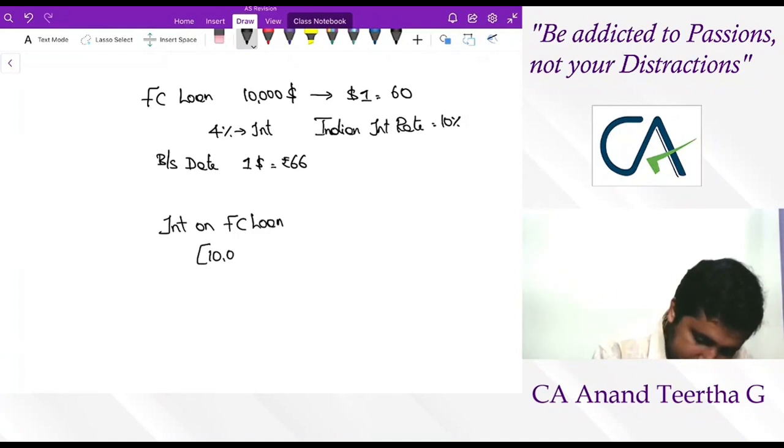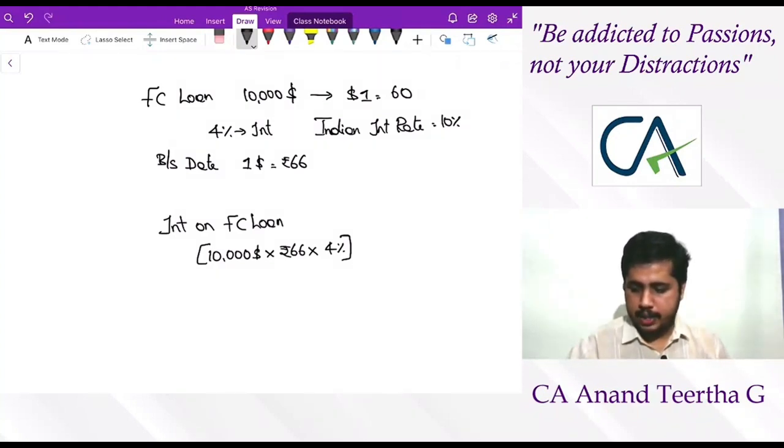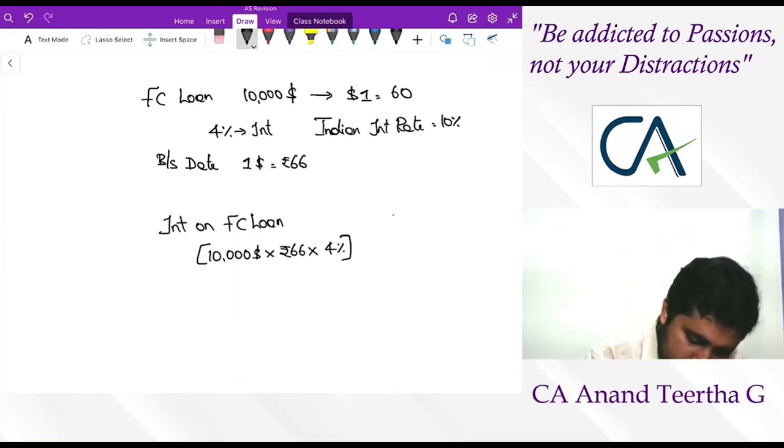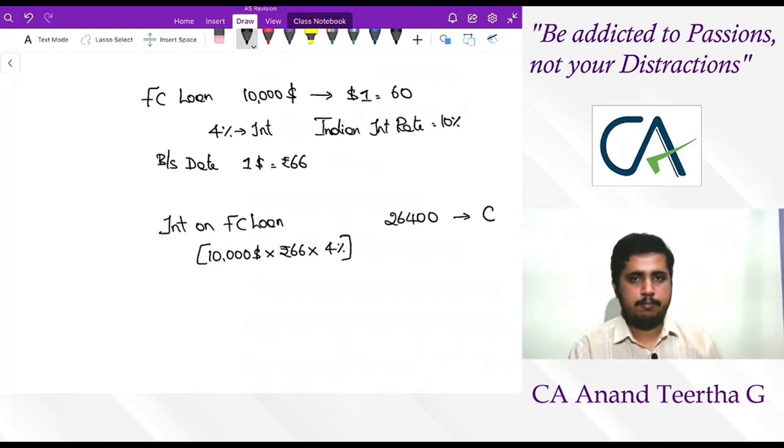The actual interest incurred is $10,000 into rupees 66 into 4%. Why 66? Because interest is coming up at the end of the year. On the balance sheet date, interest becomes accrued. For that reason, $10,000 into 66 into 4% gives us 26,400, which will obviously be capitalized all the time because it is interest.